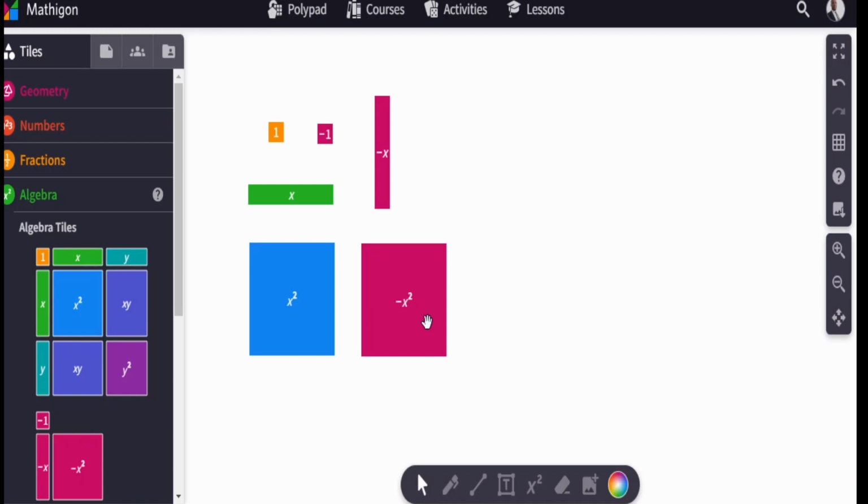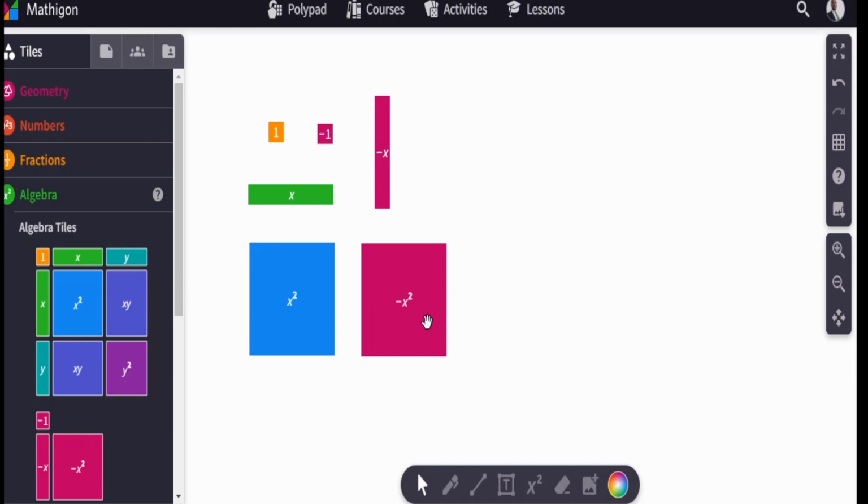This is virtual, so we have 2 tiles to represent each of them. But with actual algebra tiles, when you turn it, the front will be the green, the positive, and the back will be red, the negative. So the main color is for positive values and the red color is for negative values.